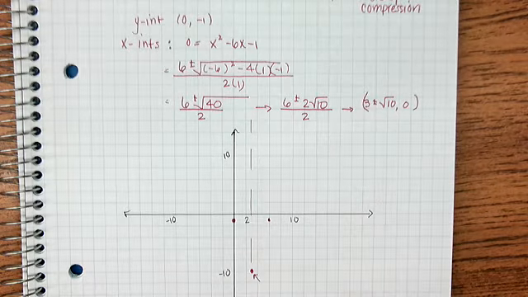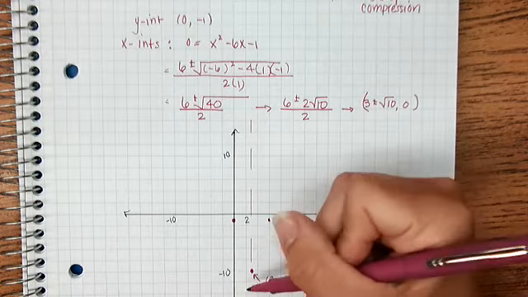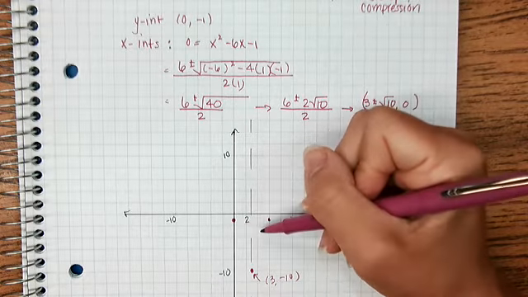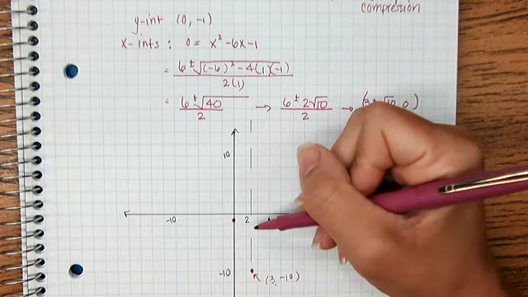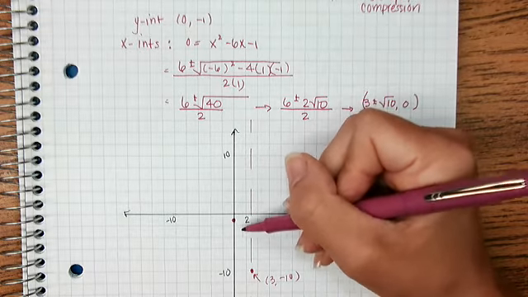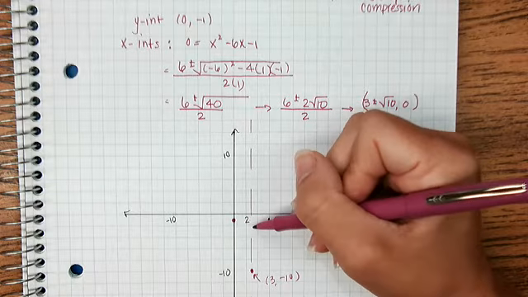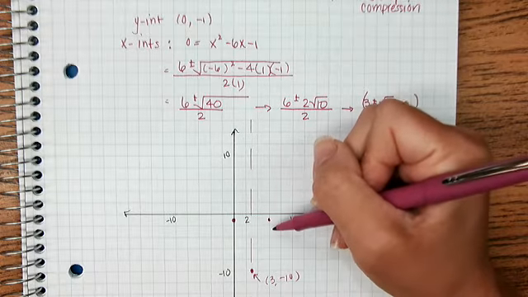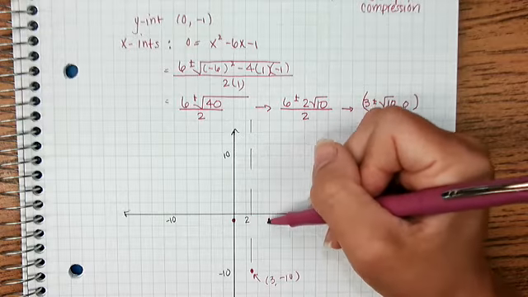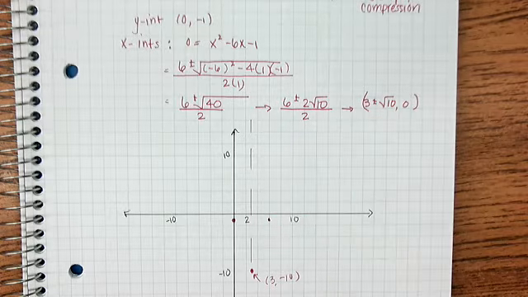This point right here is (3, -10). From the axis of symmetry to the y-intercept is 3 increments. So if it's 3 from the axis of symmetry to the y-intercept, then in the other direction I would have to move 3. So 3 left, 3 right. This point is a total of 6.